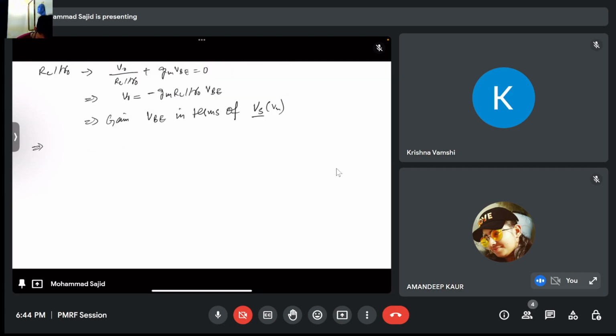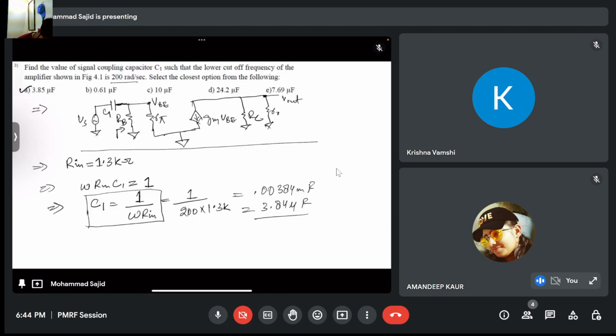Simple voltage divider. What are the two parts? One is the parallel combination of RB and R pi, right? And next is C1. C1 will give a reactance of XC1. Let's denote it XC1.